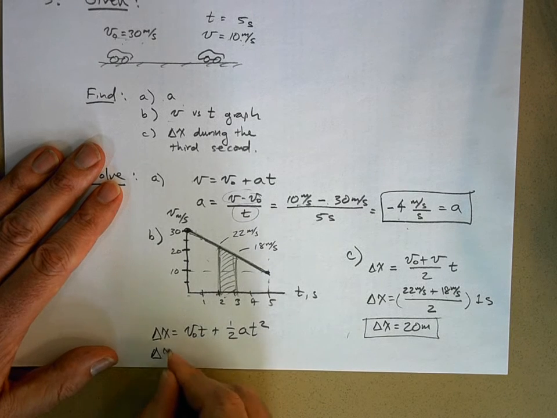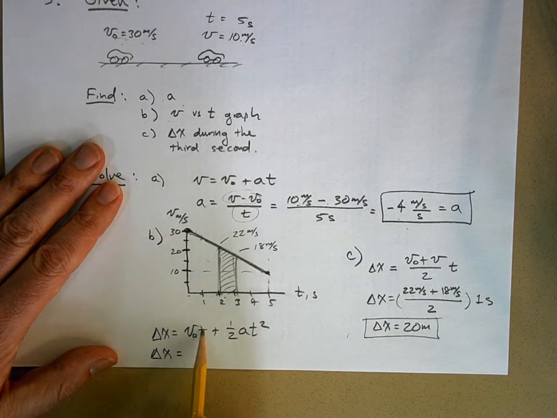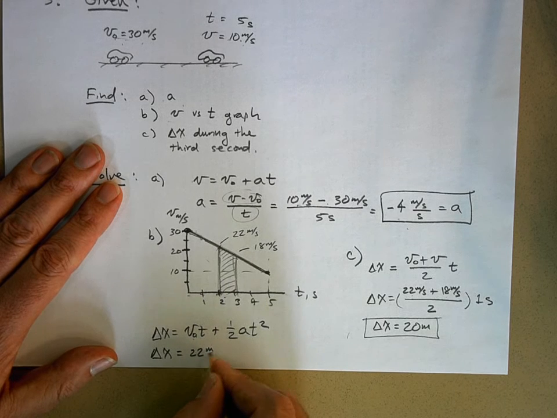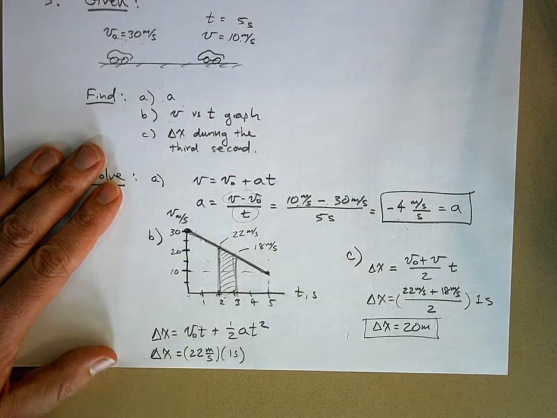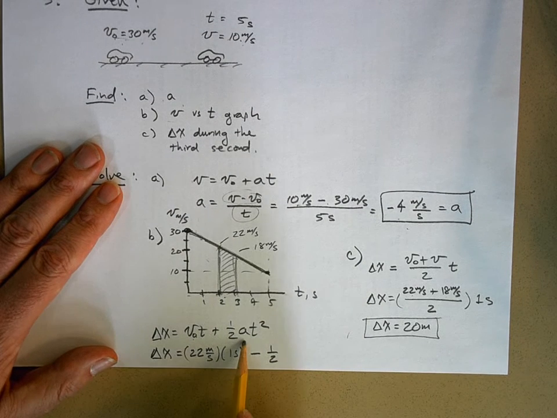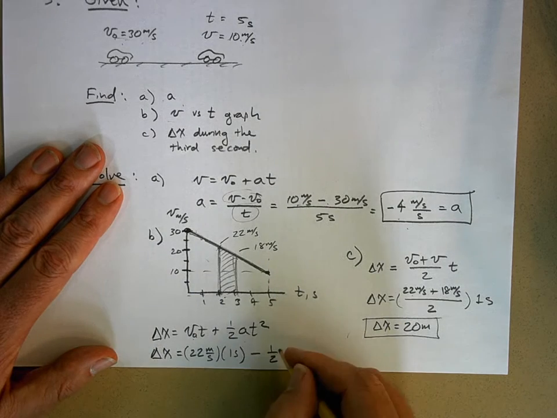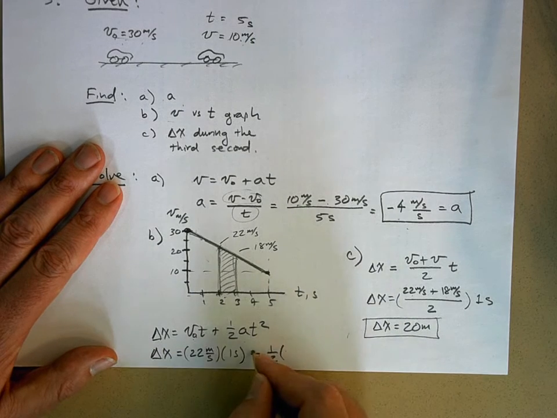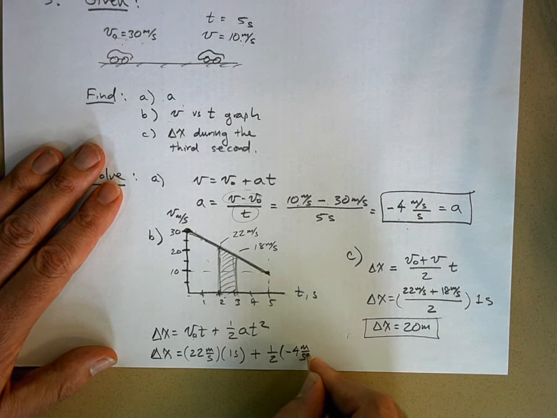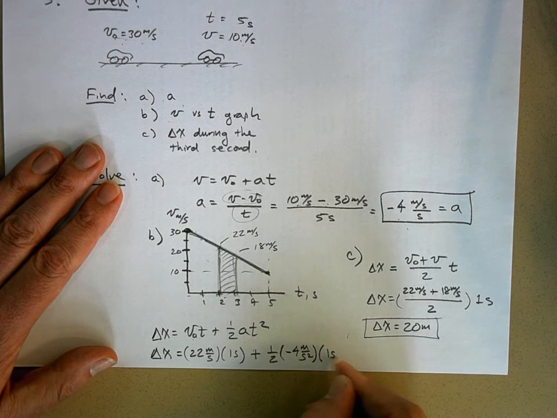So delta x, well, what is v naught at the beginning of the second? It's 22 meters per second times 1 second minus 1/2 of a. What is a? A is negative, well, this should be plus, negative 4 meters per second squared times 1 second squared.